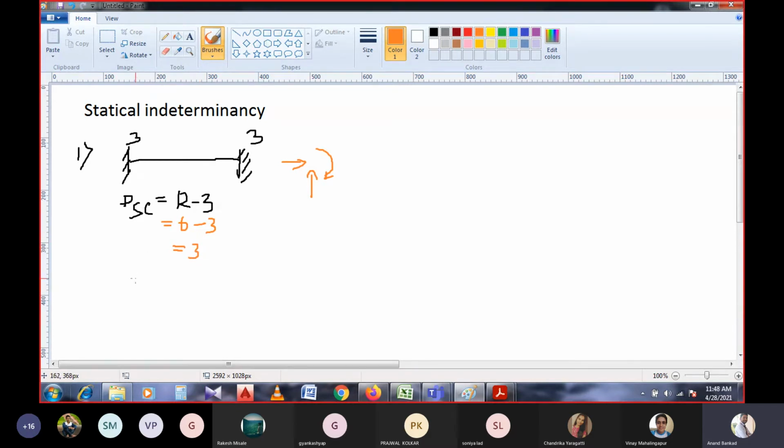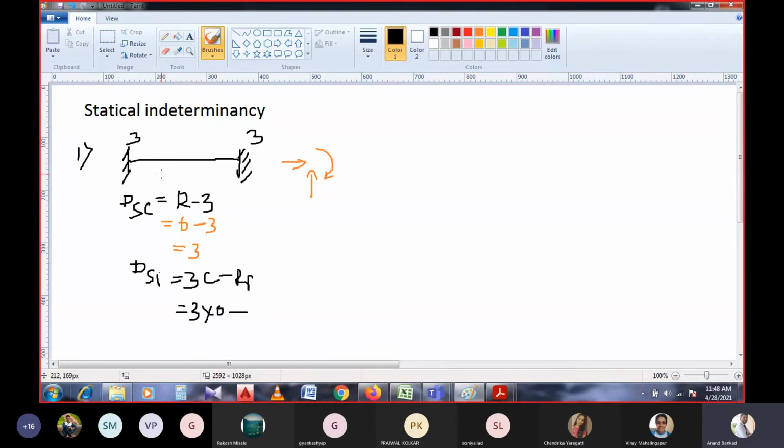That is externally. Now if you consider it internally, DSI equals 3C minus RR. Here we don't have any closed loop, do you? No, so 3 into C is 0.